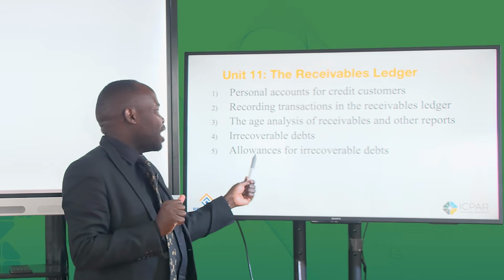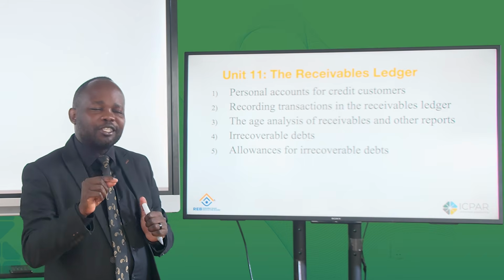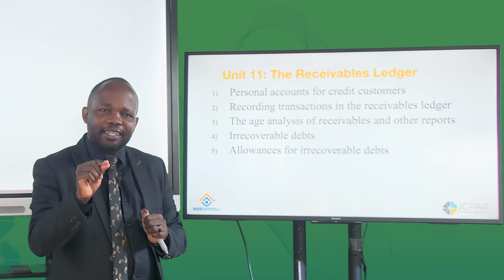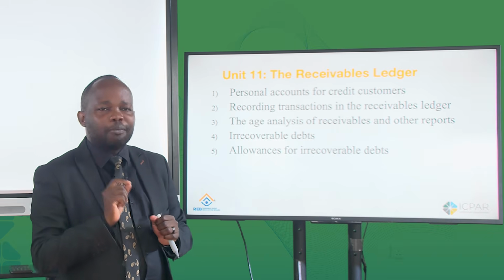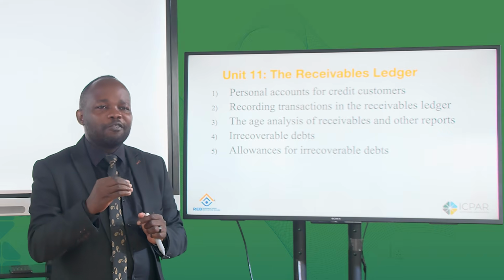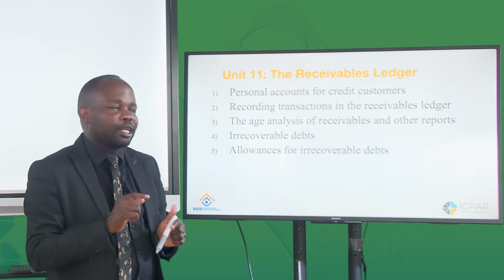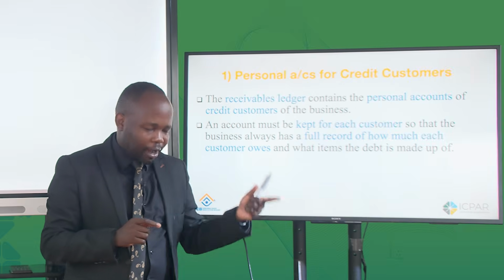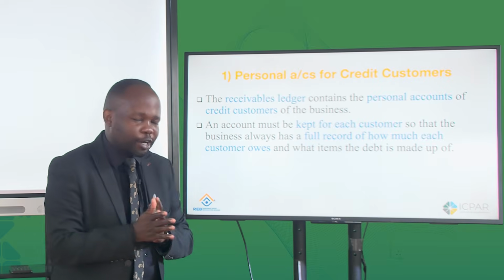And then allowance for irrecoverable debts. From experience, once you know a certain percentage or number of customers default in payments, prudence states that we should start providing for a certain percentage which will not pay. That is allowances.